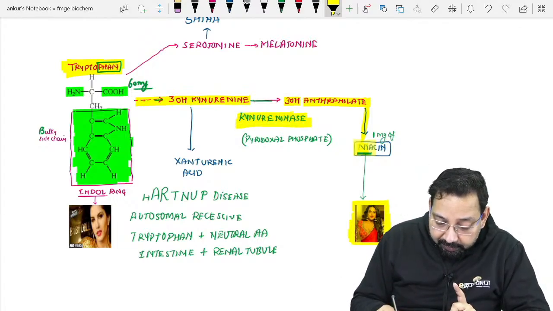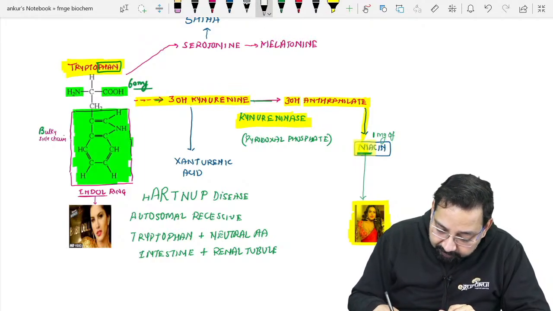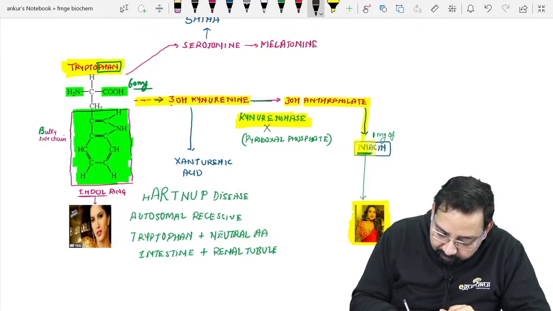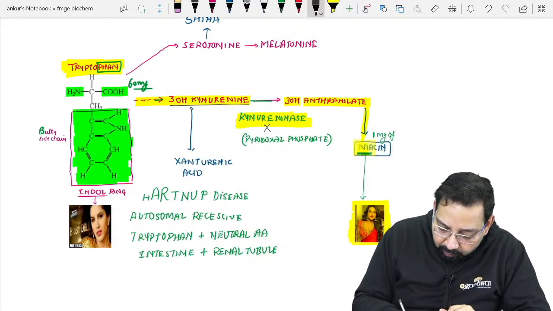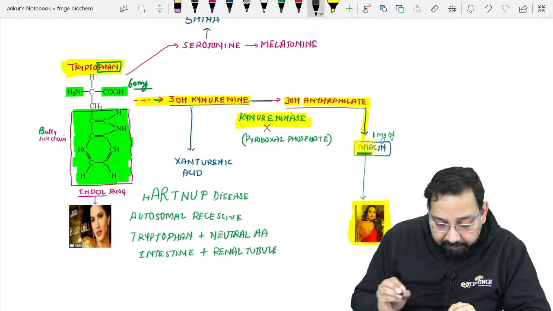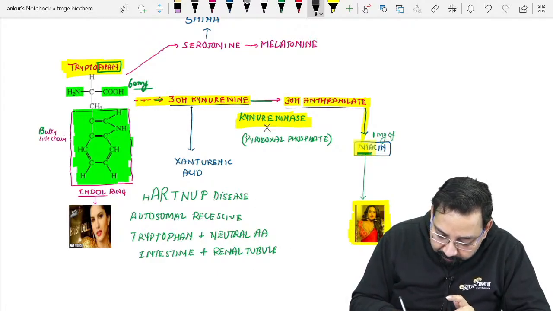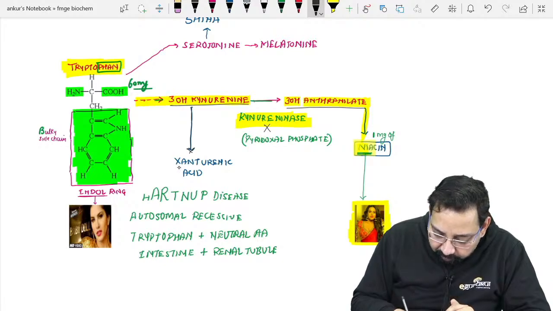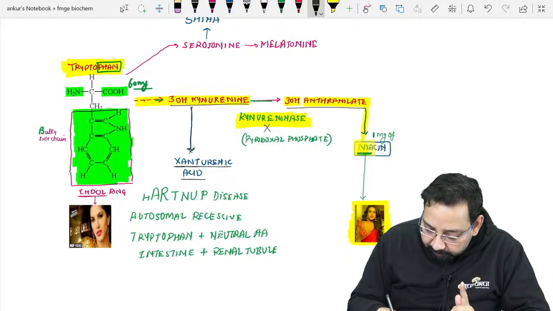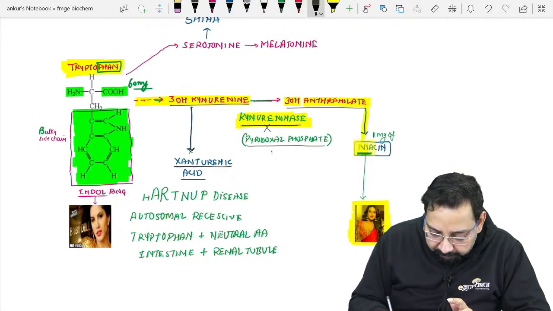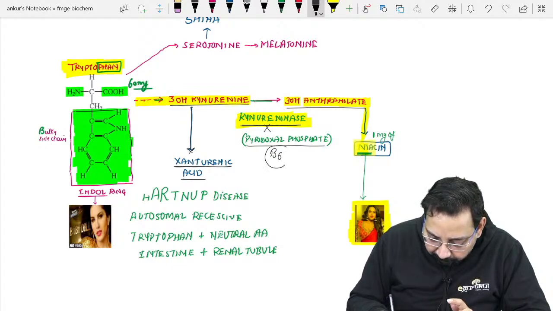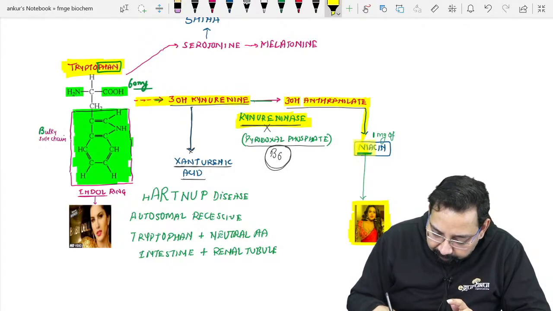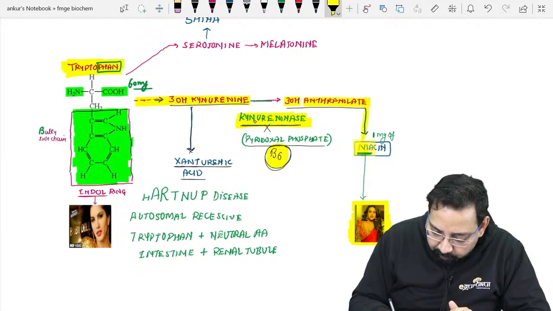If this enzyme is deficient, then this hydroxykynurenine will not be converted to anthranilate. Then kynurenine is converted to xanthurenic acid. We found that the cofactor for this enzyme is pyridoxal phosphate, that is vitamin B6.